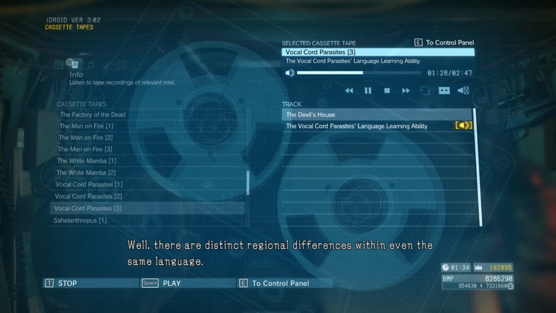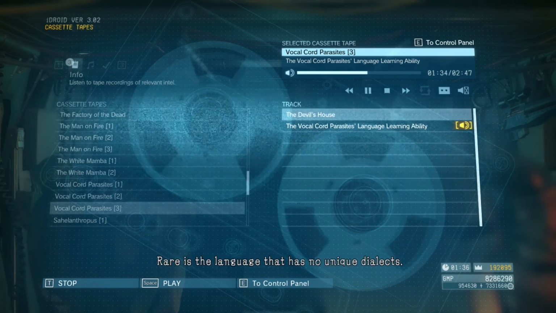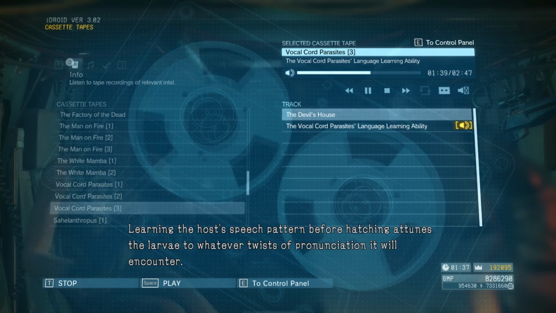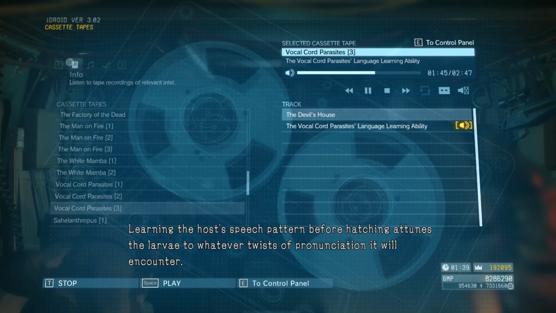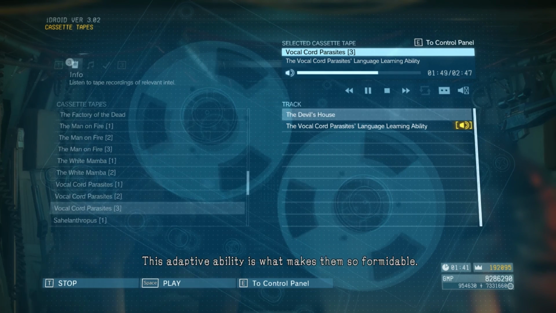Well, there are distinct regional differences within even the same language. Rare is the language that has no unique dialects. Yes, learning the host's speech pattern before hatching attunes the larvae to whatever twist of pronunciation it will encounter. This adaptive ability is what makes them so formidable.